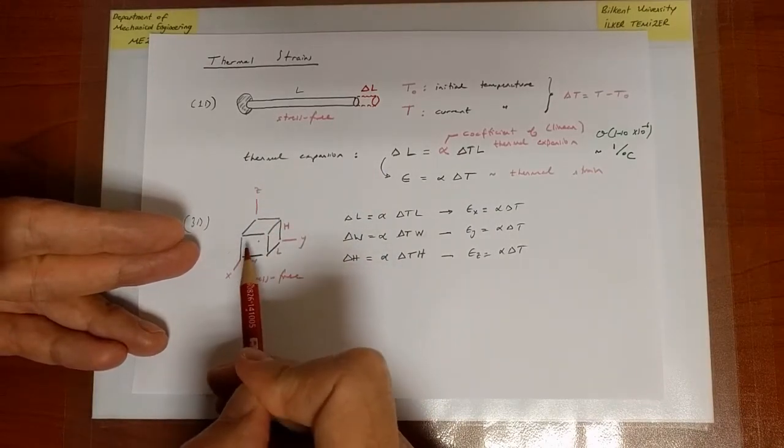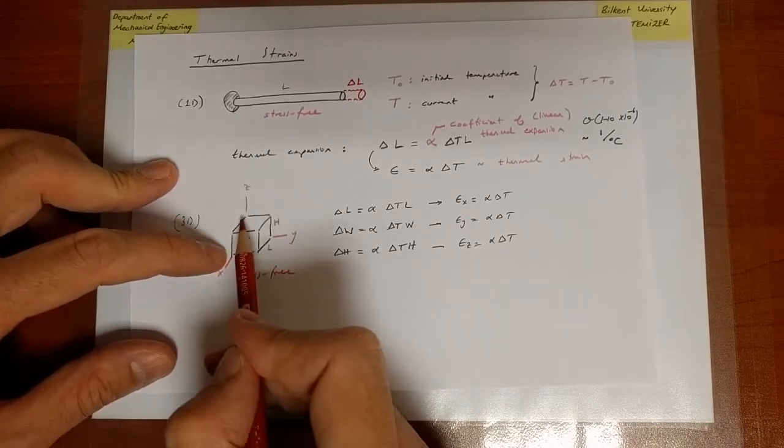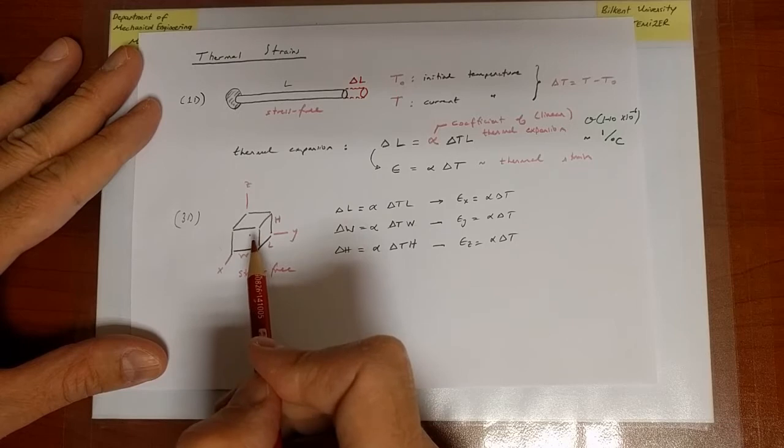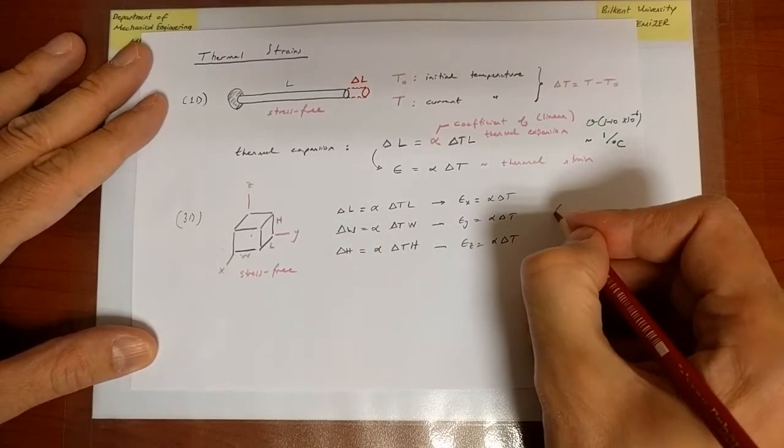In other words, these angles don't change, only the lengths of this cube, or parallelepiped, just changed. So in other words, you don't get any shear.